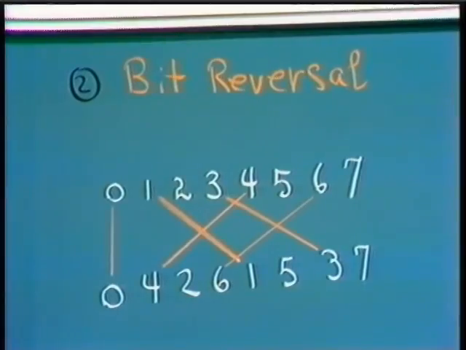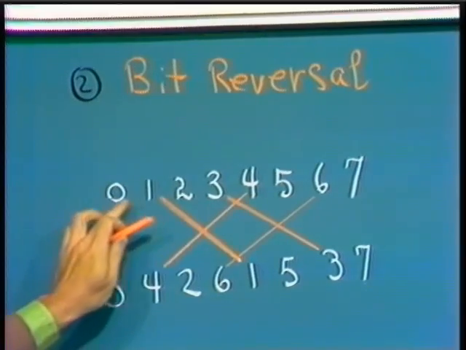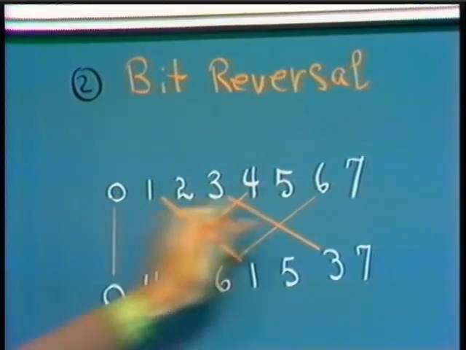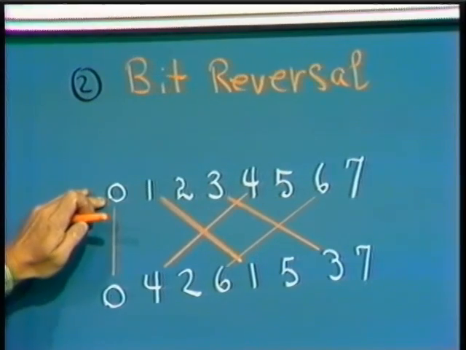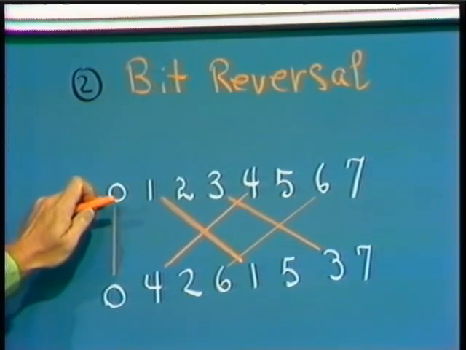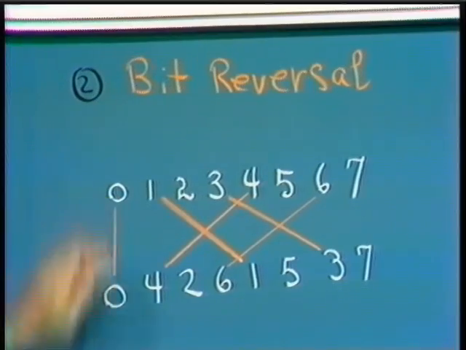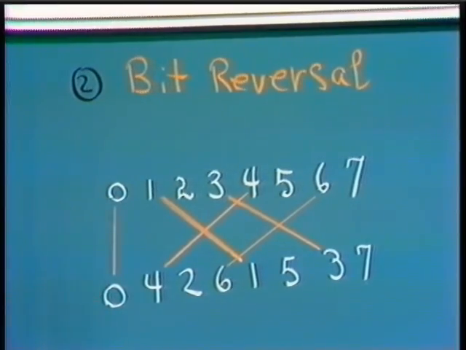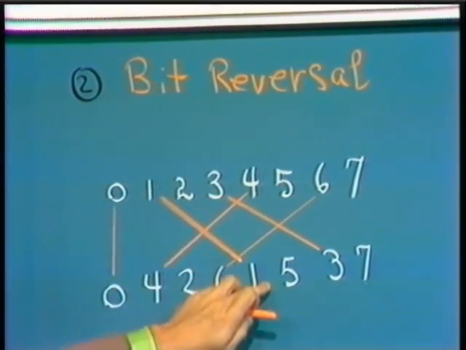In particular, suppose that we had the data indices 0 through 7, and we want to rearrange this data so that it is arranged in bit reversed order. Well, that means that 0 bit reversed is 0, 1 bit reversed is 4, but of course 4 bit reversed is 1.